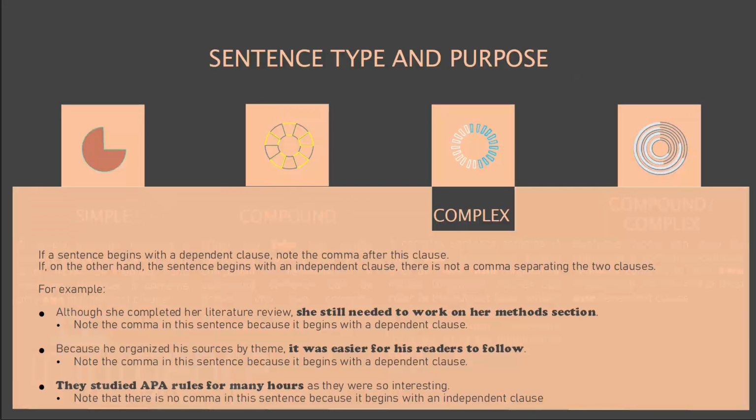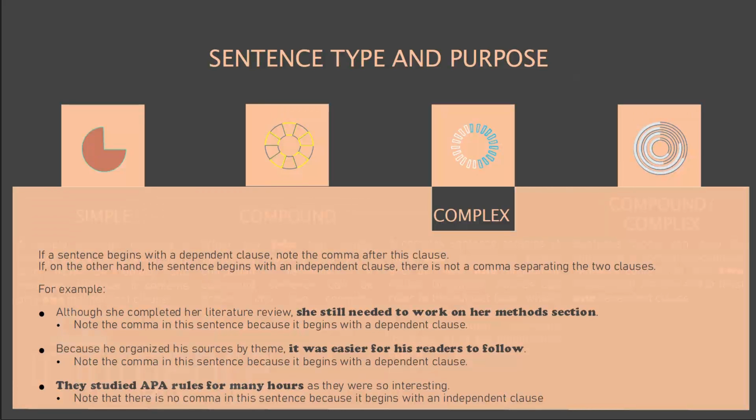Note the comma in the sentence, because it begins with a dependent clause. So primarily, we have a dependent clause beginning the sentence, then a comma, and after that we complete the sentence with an independent clause.